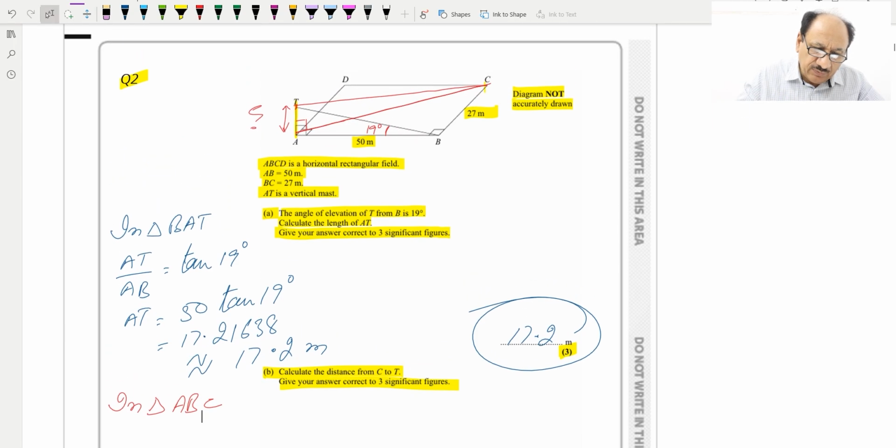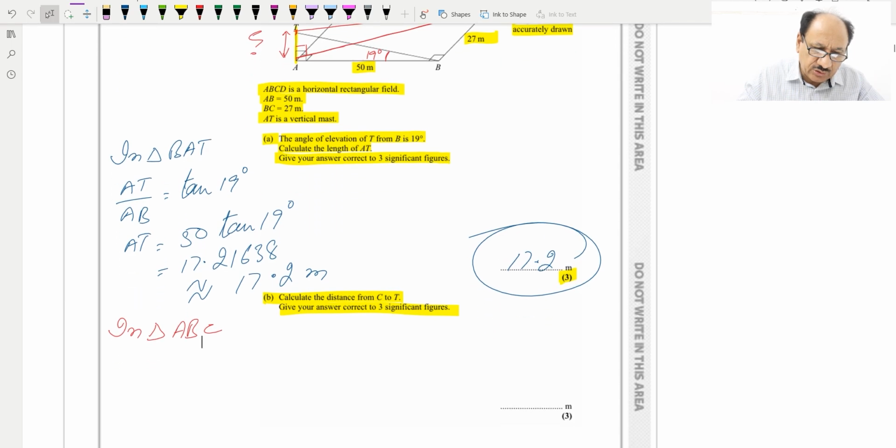AC, the hypotenuse, will be equal to the other two sides squared, by Pythagoras theorem. So AC square will be equal to AB square plus BC square.